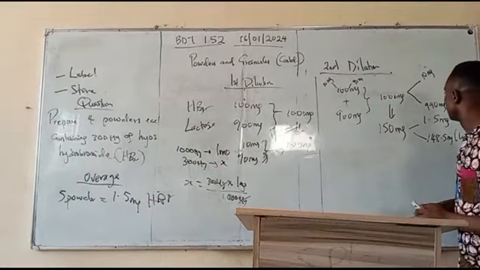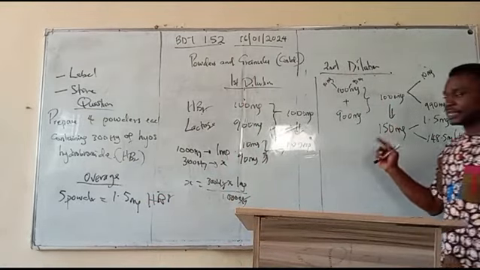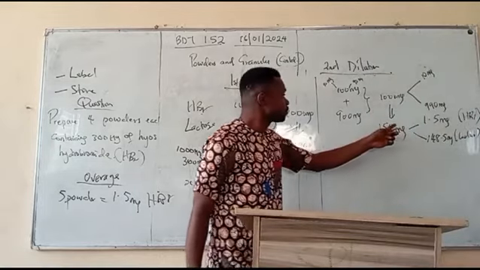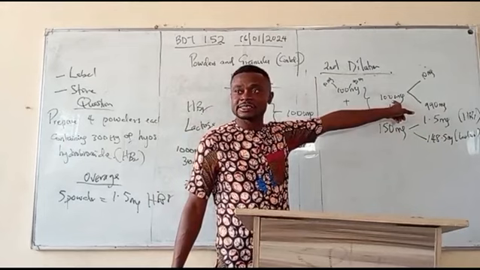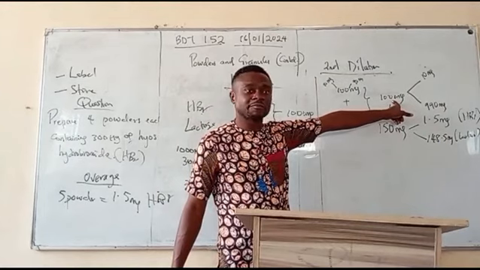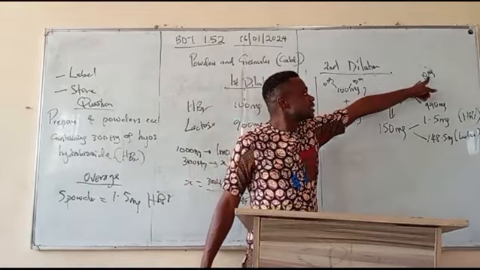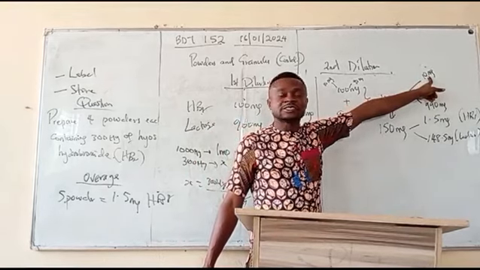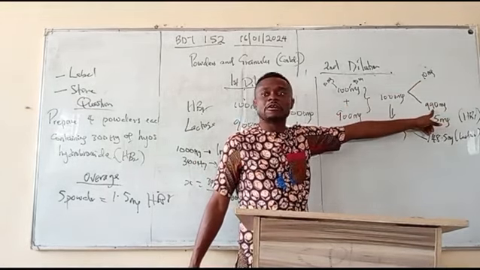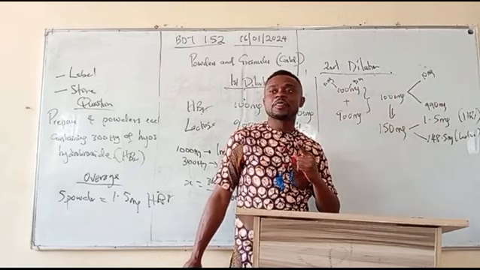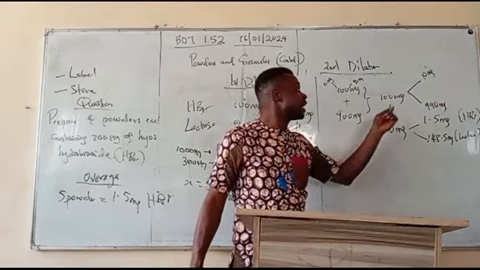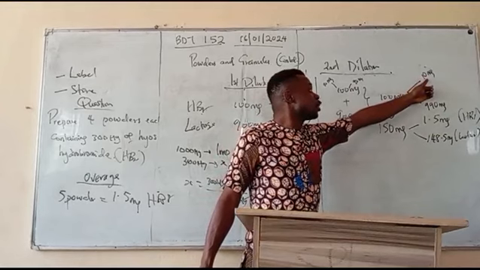Let's come here. We established that inside this 1,000 milligram, we have 10 milligram of IOC and 990 milligram of lactose. Now tell me, how many milligram will contain 1 milligram?